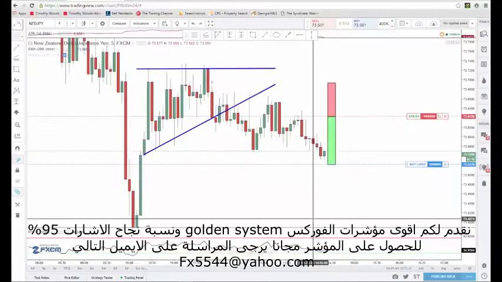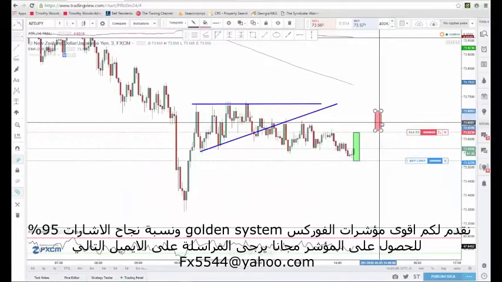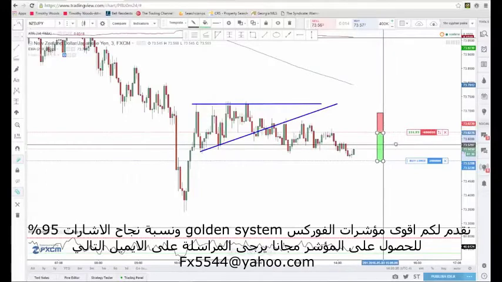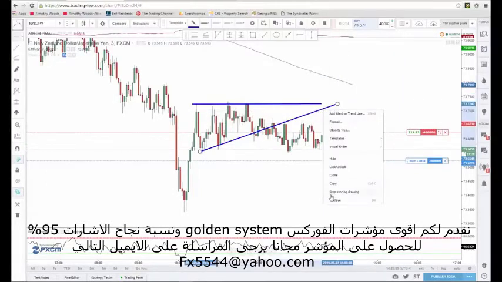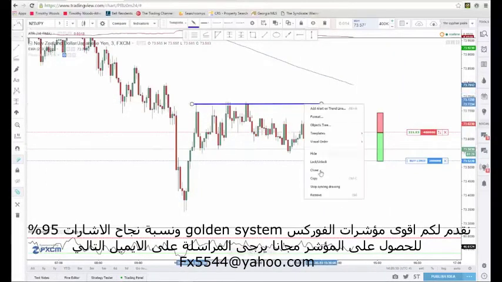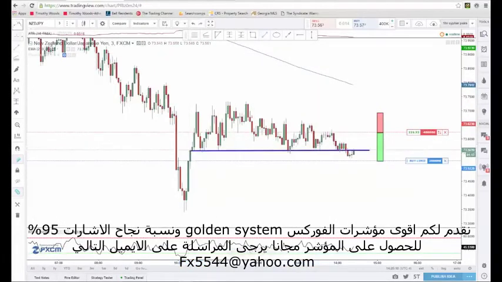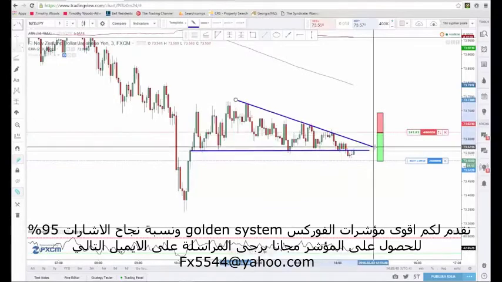Here on the 3-minute chart you'll see that we've actually put in a descending triangle as well and broken through the support level of that descending triangle just a few minutes ago. We'll draw in our support level here and our descending resistance here.